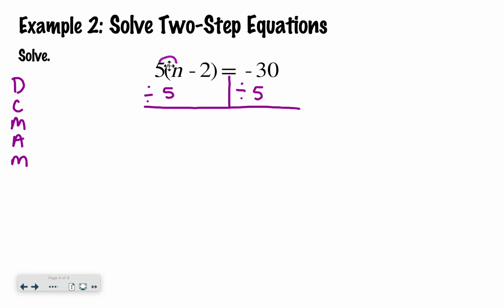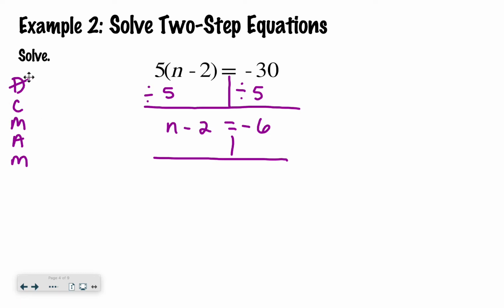The reason I can do that is because distributing is just multiplying. So how do you undo multiplying? You divide. If I divide by 5, I'm left with n minus 2, just whatever was in the parentheses. And then negative 30 divided by 5 is negative 6. Then how do I get n by itself?